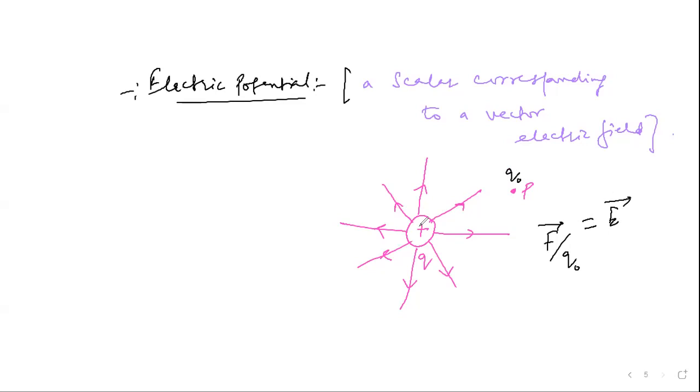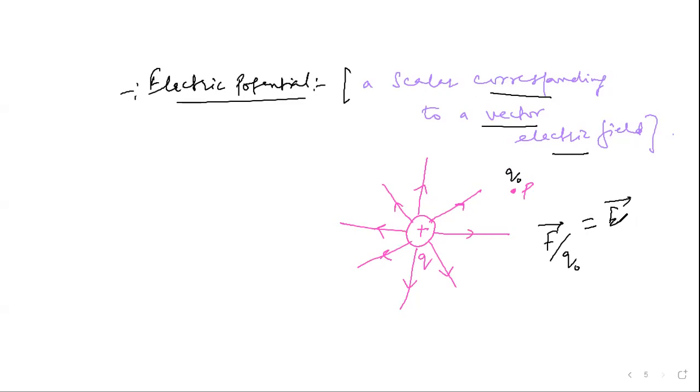Now we define another quantity, electric potential, which is a scalar, as I said, the scalar corresponding to the vector electric field. You can interpret the effect of charge on the surrounding space by using the idea of electric field, or equivalently by using the idea of electric potential, right?